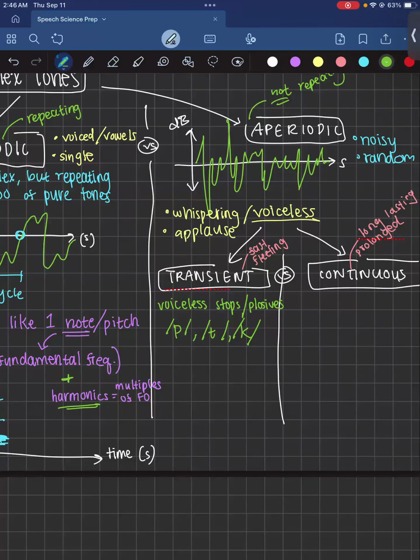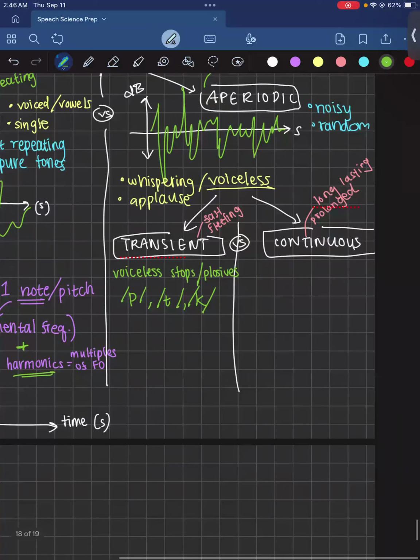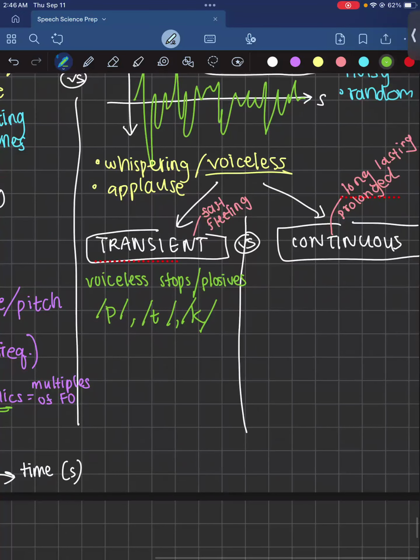There's no voicing, right? And these stops or plosives, they're very fast sounds, right? They're very fleeting. So p, t, k. None of those sounds last very long. So they are transient aperiodic sounds. They're voiceless sounds. They're very fast. They don't repeat. I'm just trying to find some way to summarize with aperiodic. But yeah, I hope you get the gist of that.